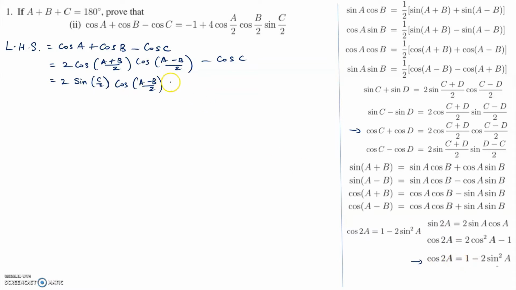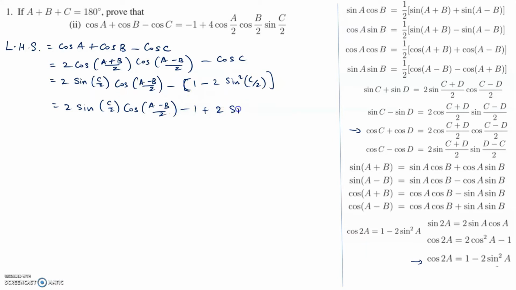This becomes now minus of, within bracket, 1 minus 2 times sin squared c by 2.